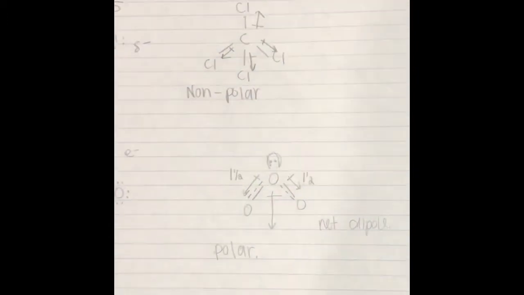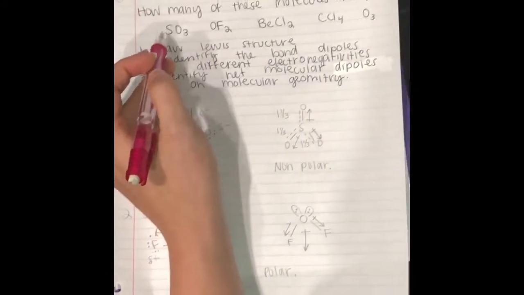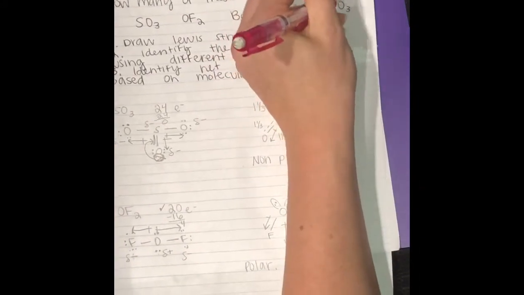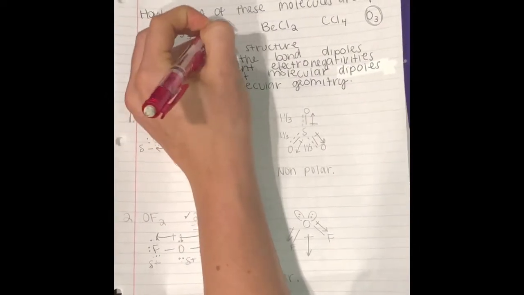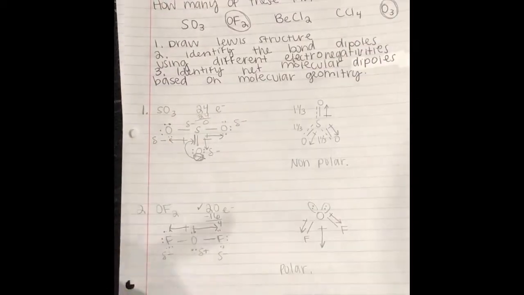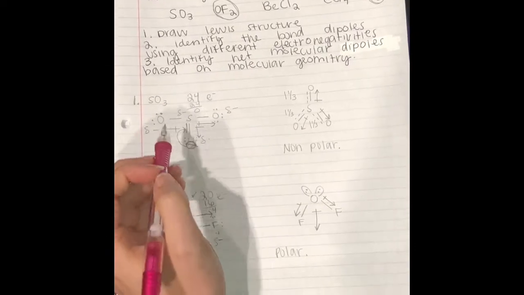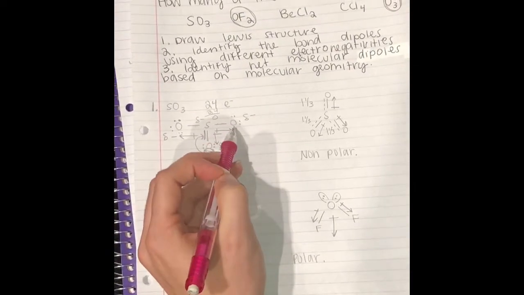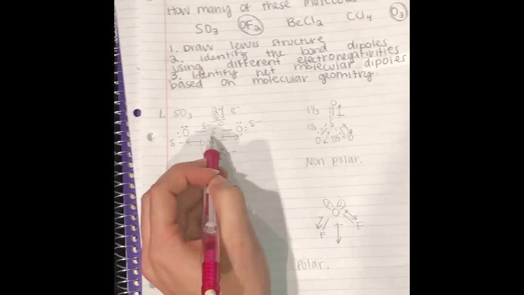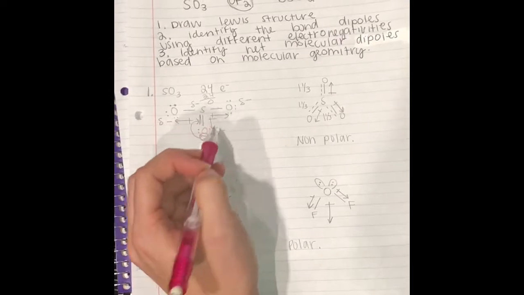Now, with that being said, going back to this question, for our polar molecules, it's going to be O3 and OF2. Now, some common mistakes students can make are forgetting that the outside octets need to be full before going into the inside to fill the octets and creating those double bonds.